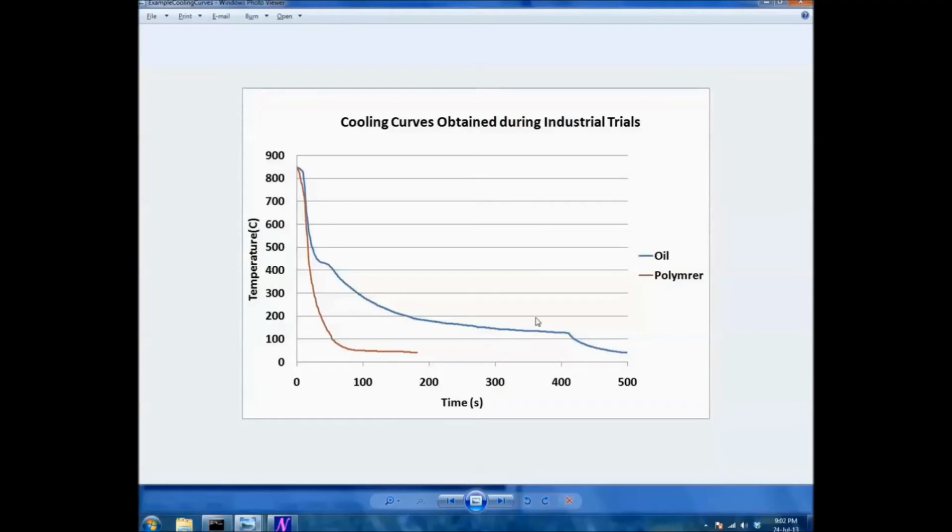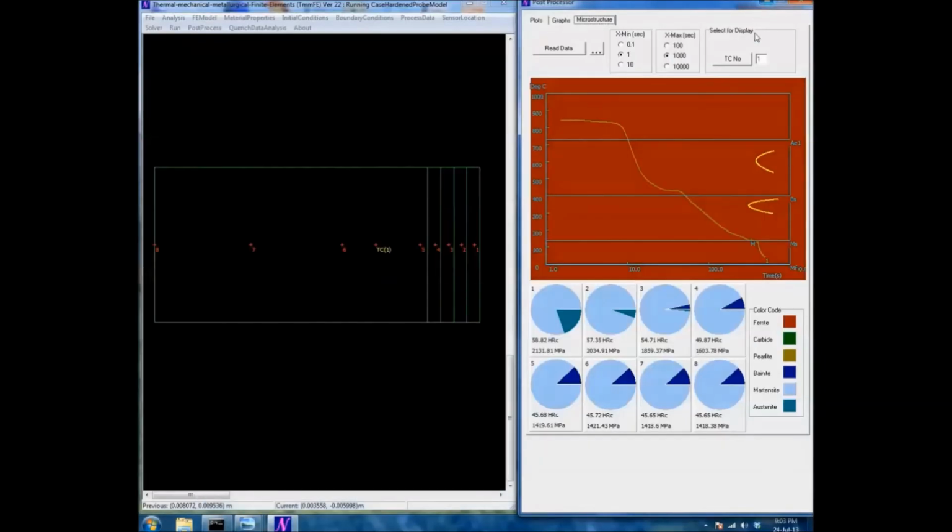We will first show the features that were obtained during quenching in oil. The display here shows the cooling curve at location 1.